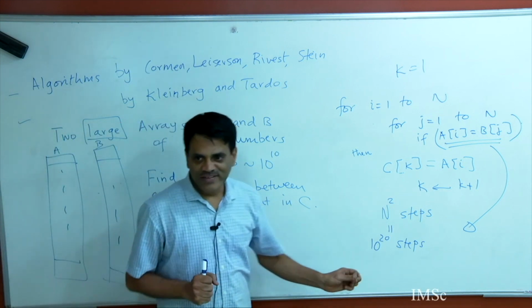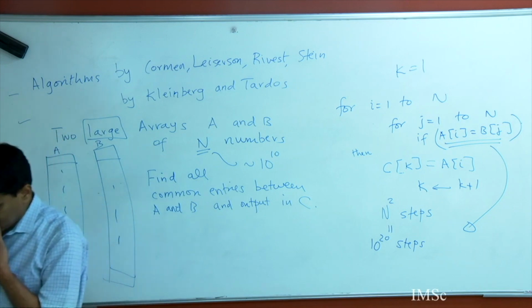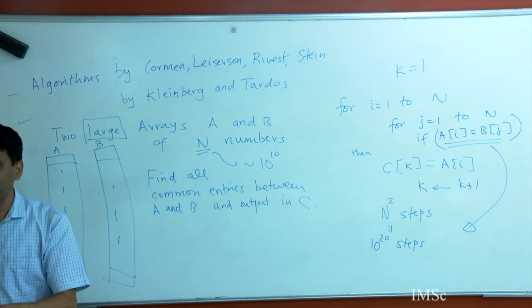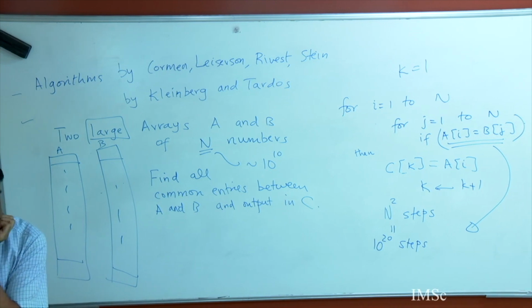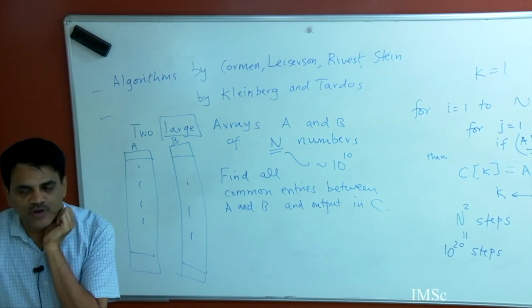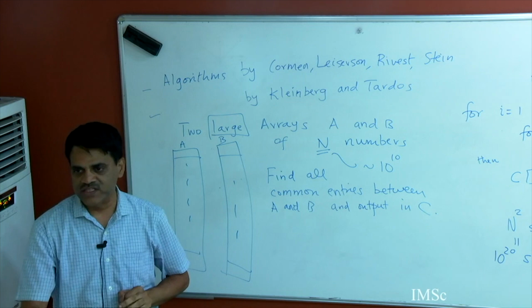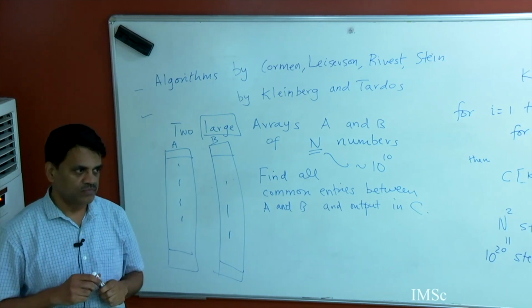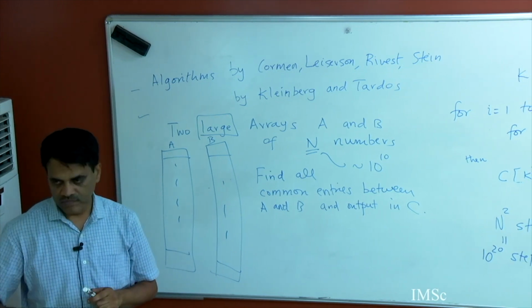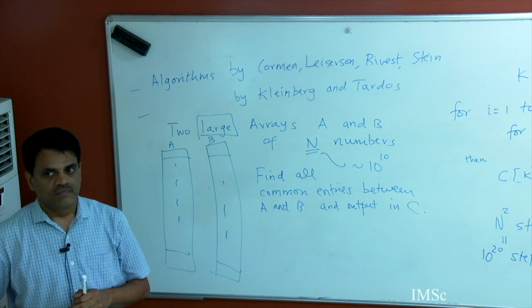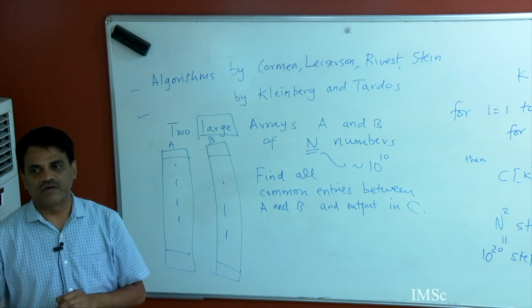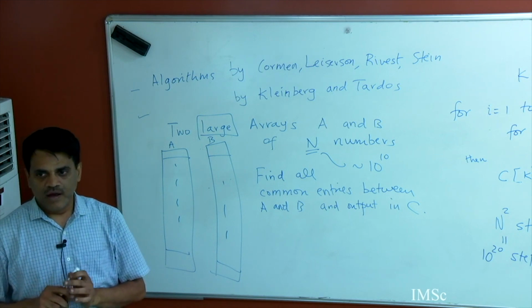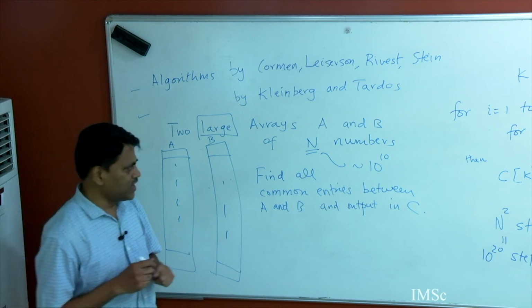Now your modern computer, like your laptop or the most powerful thing you have, how many steps do you think it can do in 1 second? It can do something like 10 power 10, about a billion instructions per second.